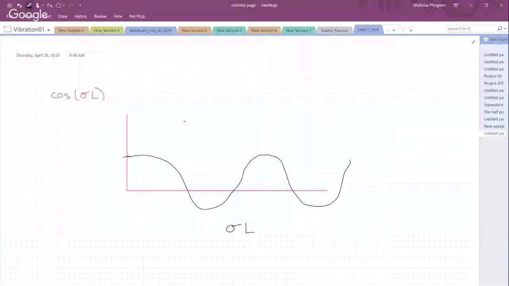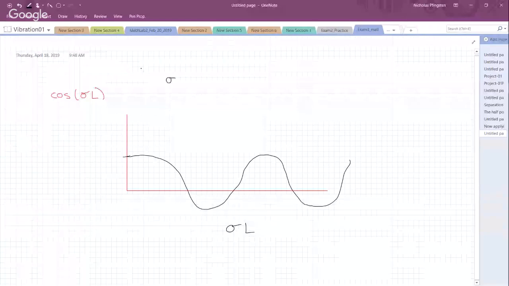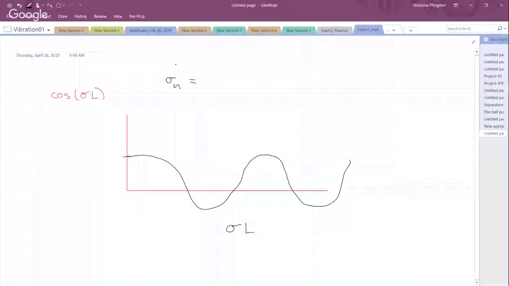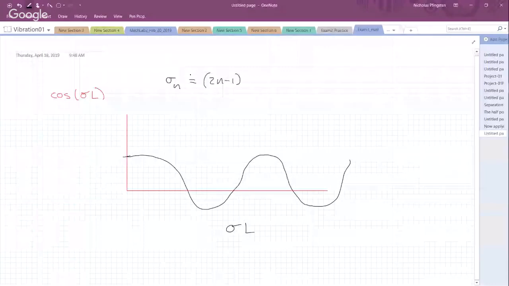We have cosine equal to 0 at a bunch of values, right? So we want to figure out what values of sigma L satisfy the condition cosine equals 0. Yes or no? All right, so here's my cosine, with plus 1 and minus 1.